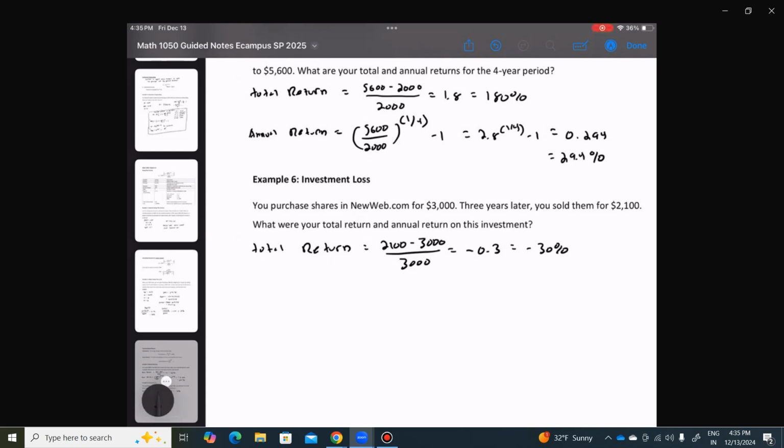Your annual return is 2,100 over 3,000, and we're doing this in 3 years, so raised to 1/3, minus 1.